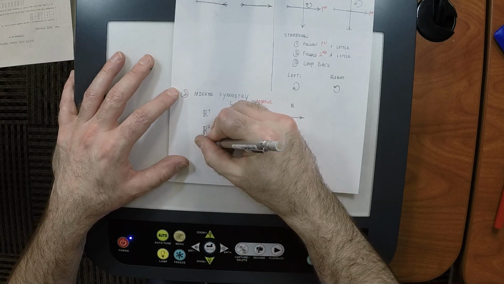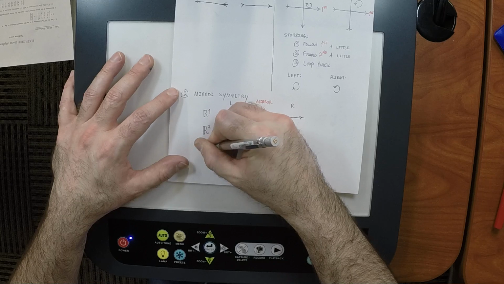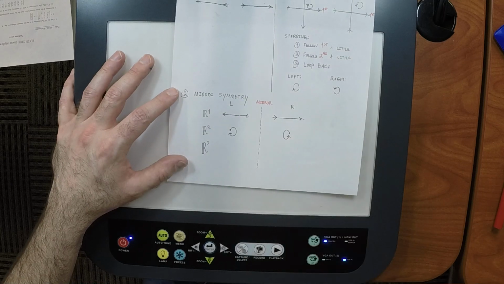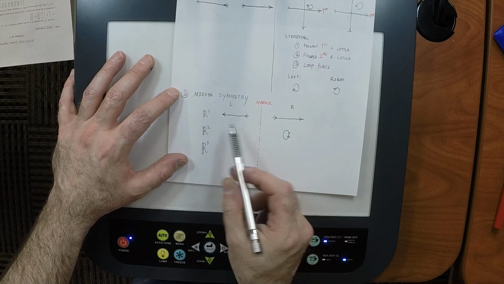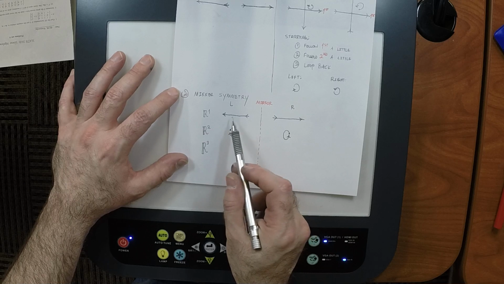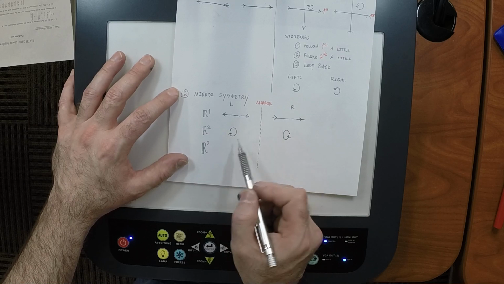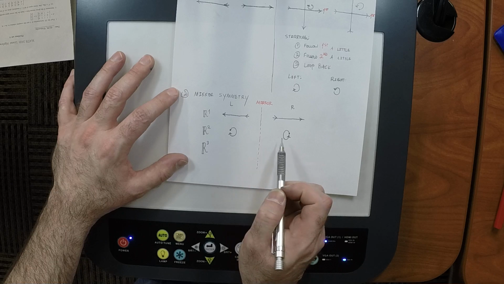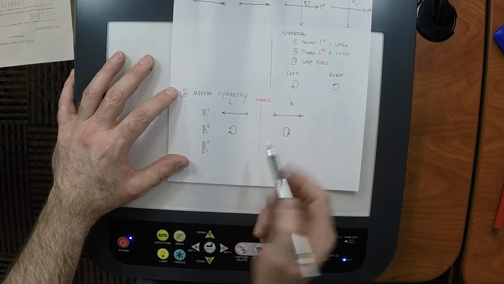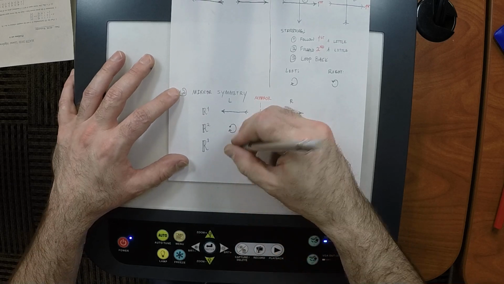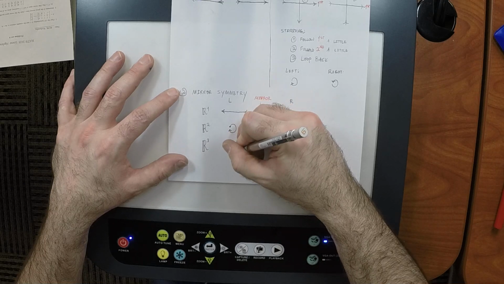And then this is not really part of our class, but it may help you to understand that this pattern continues. So just like this is the one-dimensional symbol for left and the one-dimensional symbol for right, the two-dimensional symbol for left, the two-dimensional symbol for right, there's a three-dimensional symbol for left. The three-dimensional symbol for left is this.